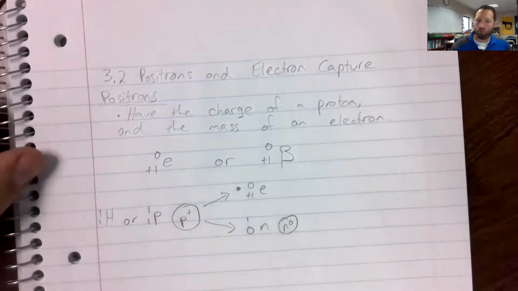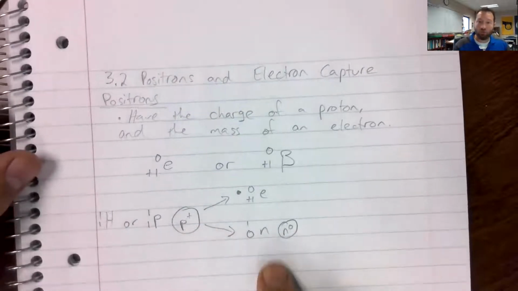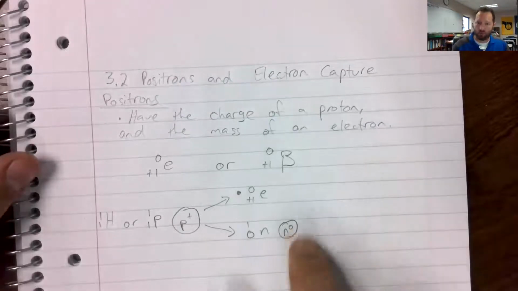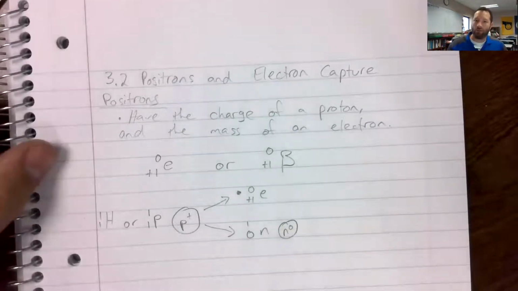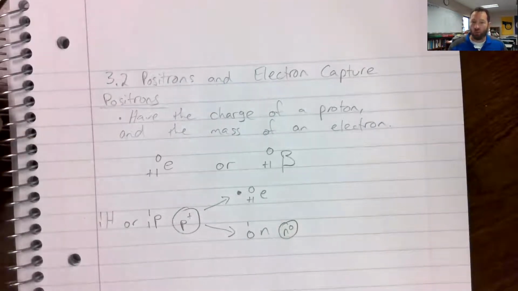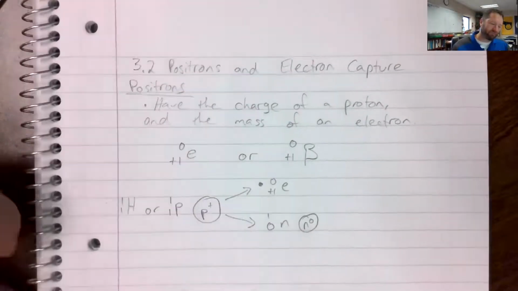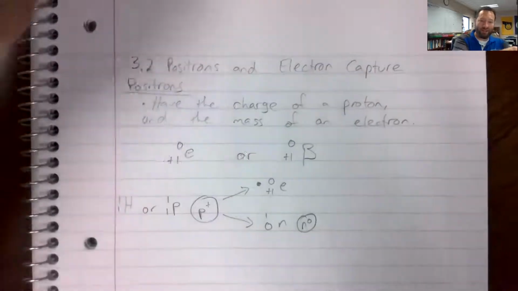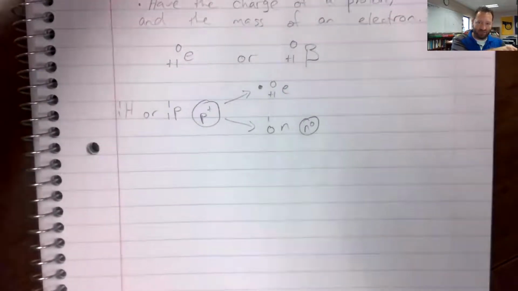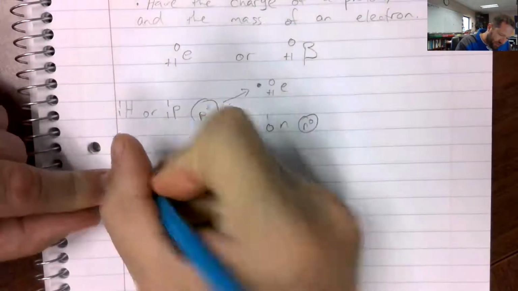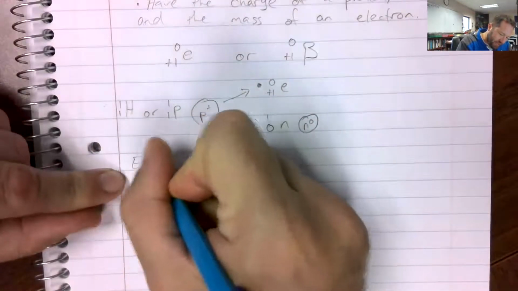You have 1 fewer proton. And 19 neutrons would become 20 because now you have 1 more neutron. Now you have a 20 proton to 20 neutron, a 1-to-1 ratio, much more stable nucleus. And that is positrons.